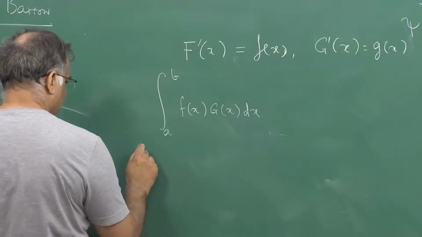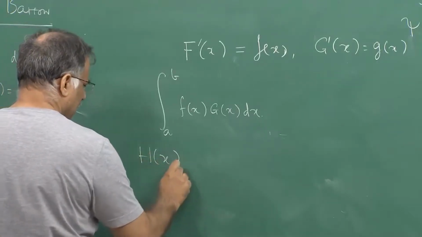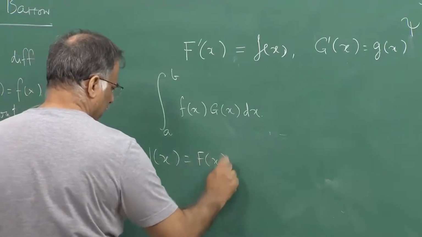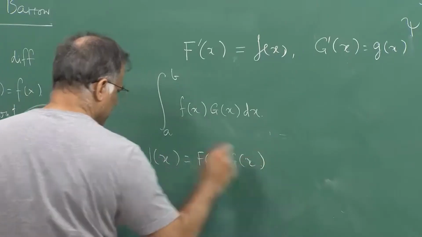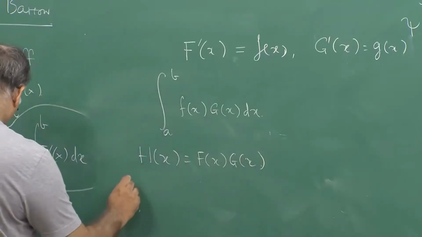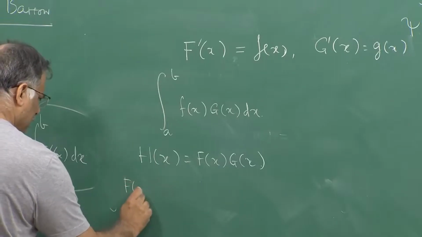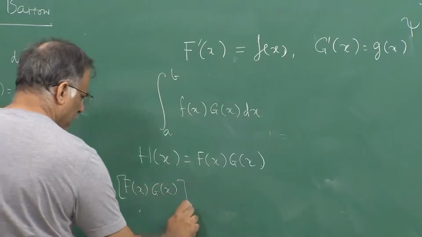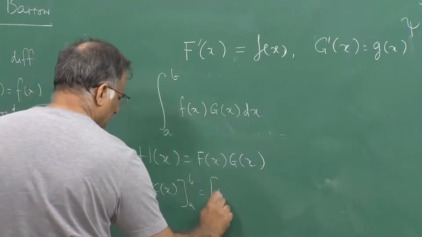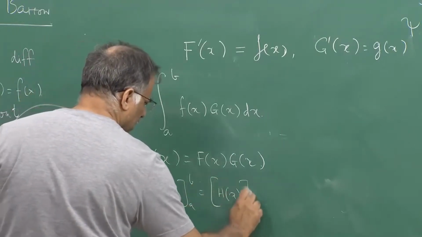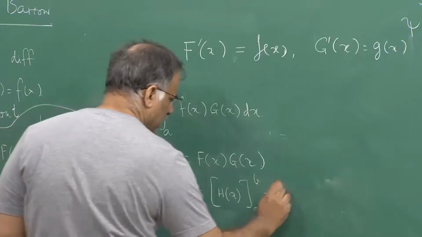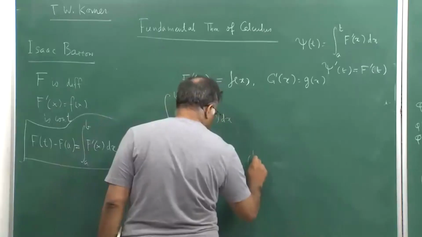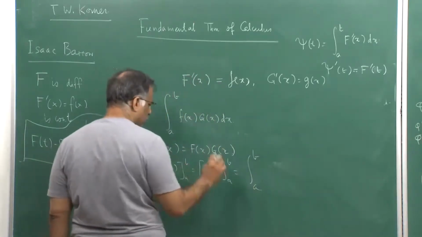So define hx is equal to fx into gx. Then the integral of h dash x from a to b is hx from a to b, by the theorem, assuming every condition holds.